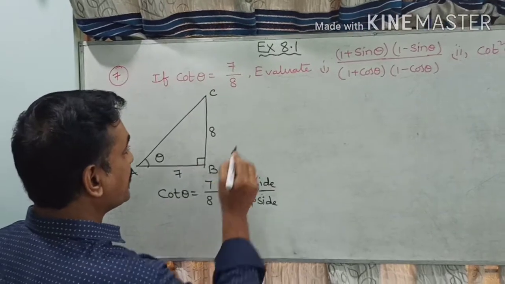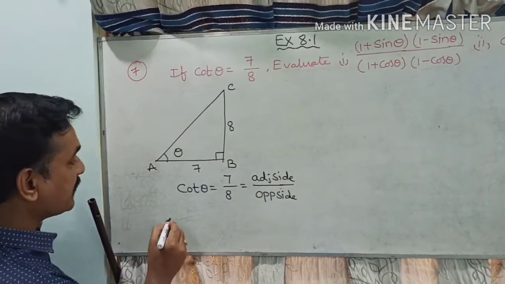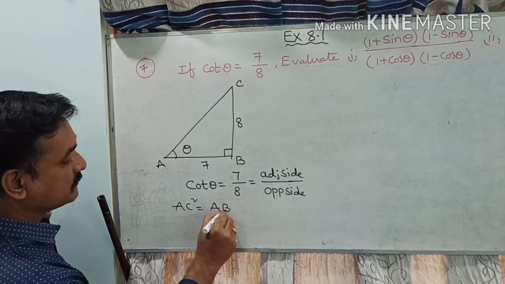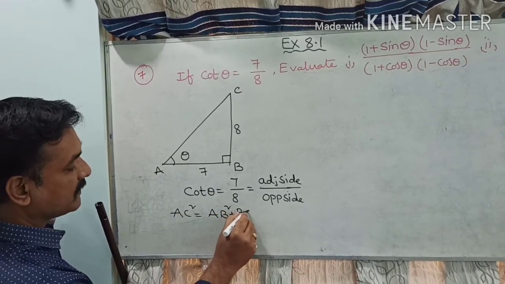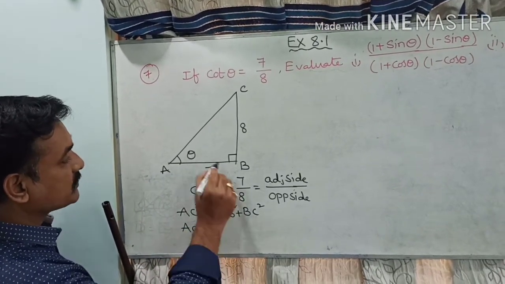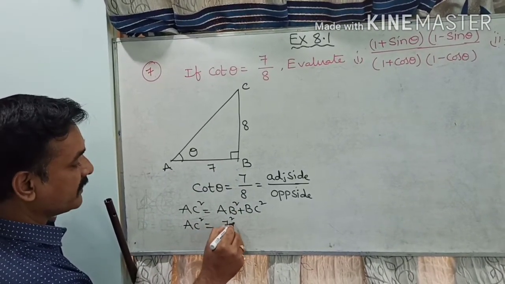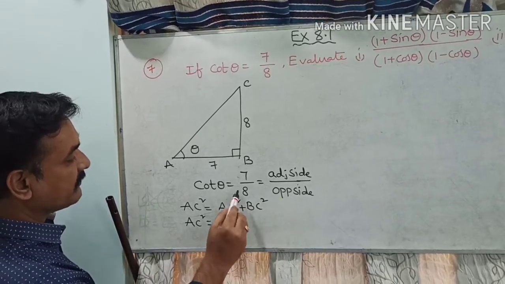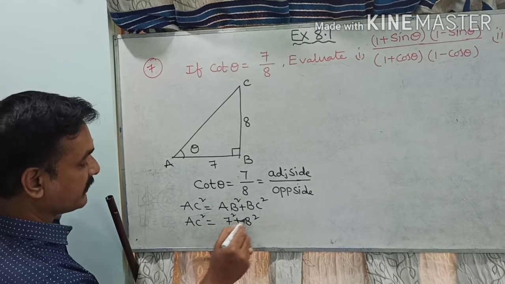Now as per the right angle triangle concept, we can write AC square equals AB square plus BC square. AC square equals 7 square plus 8 square.